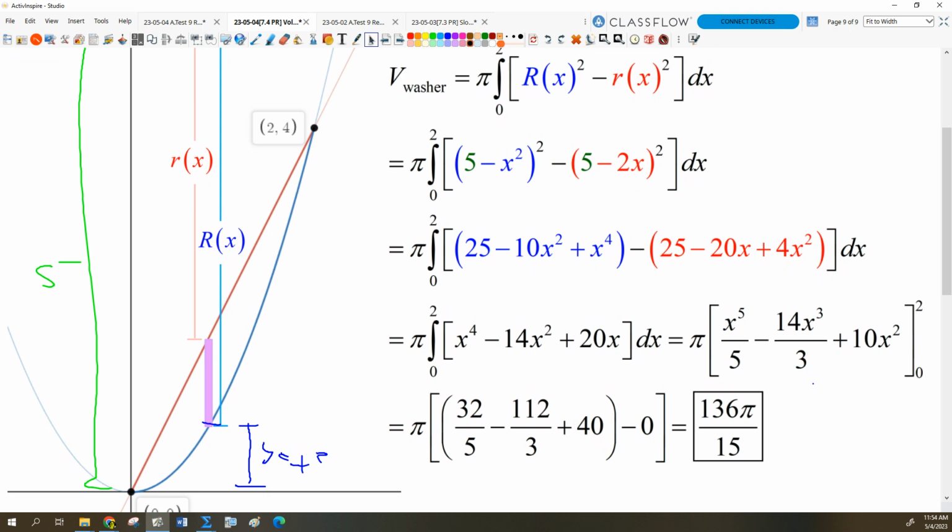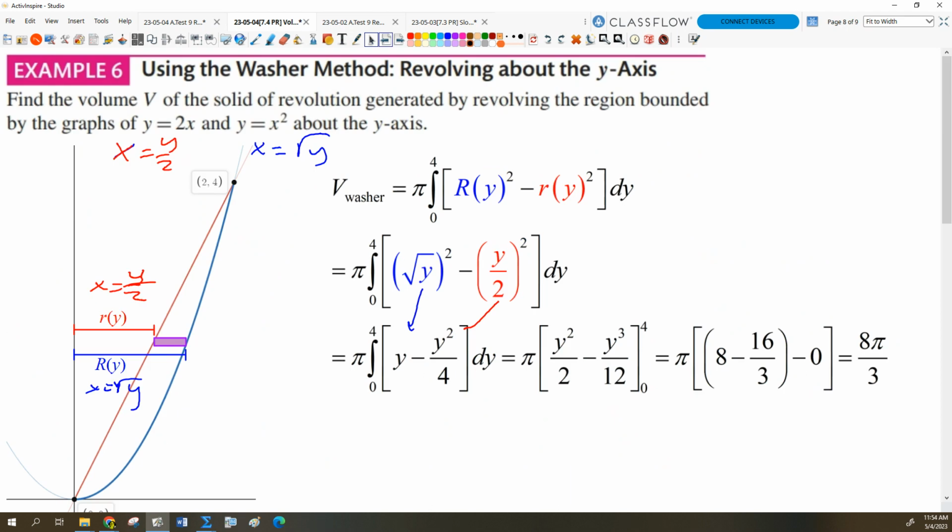Well, I could do horizontal slices and create washers, right? Like we did in the last example. That's what we did in this example right there. Agreed?